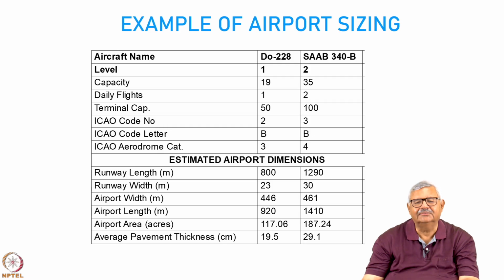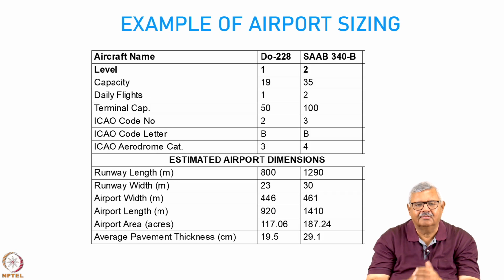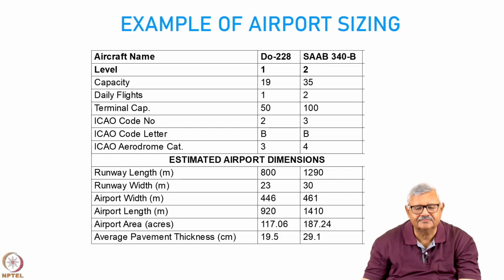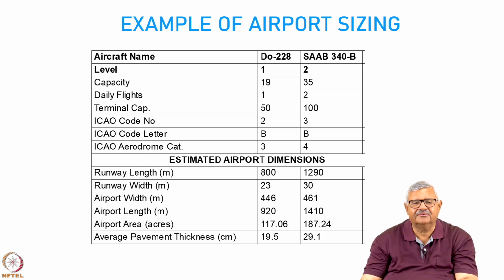Going to the next level, Saab 340B with 35 seats. Now you require to double the passenger capacity in the terminal building, because now you are operating 2 flights a day. They could be at the same time depending on the demand. So the code number increases, the code letter remains same and category of the fire rescue also increases.